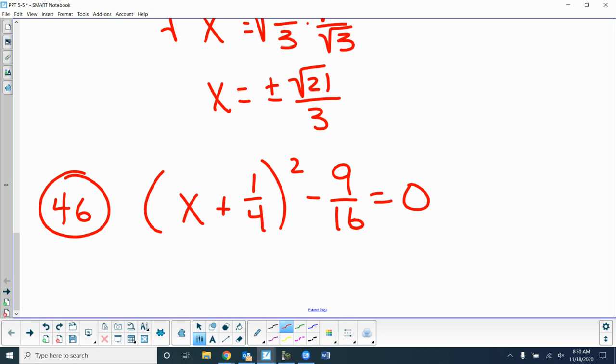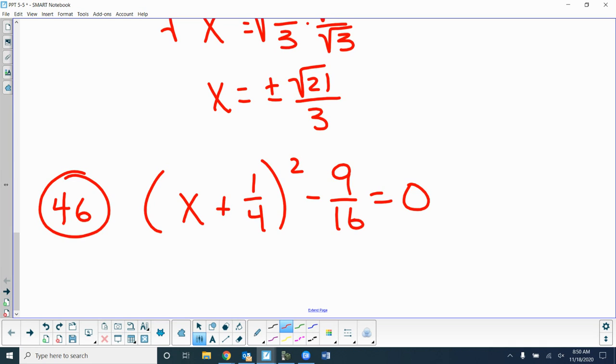Actually, what's the vertex of that one? 1. Kind of, but no. What's the x value of the vertex? No. Come on, what's in parentheses? 1/4. So what's the x value of the vertex?